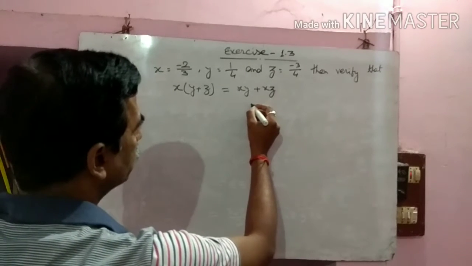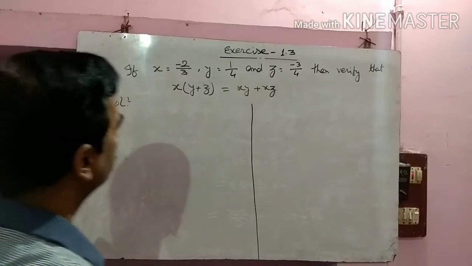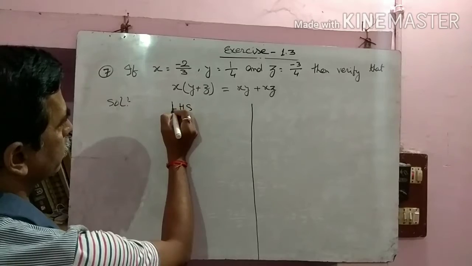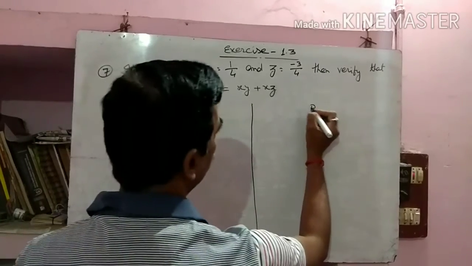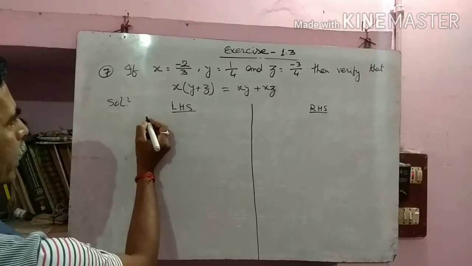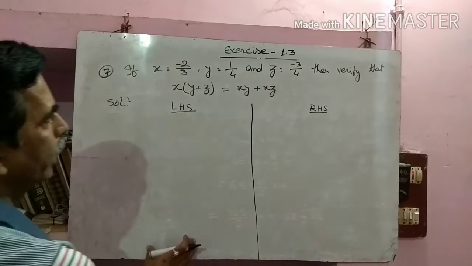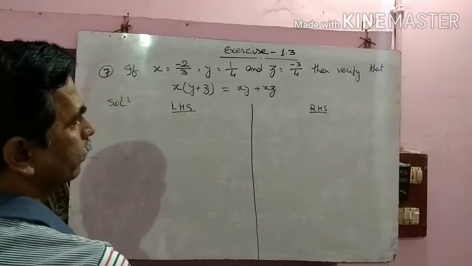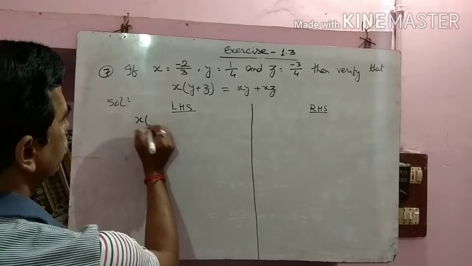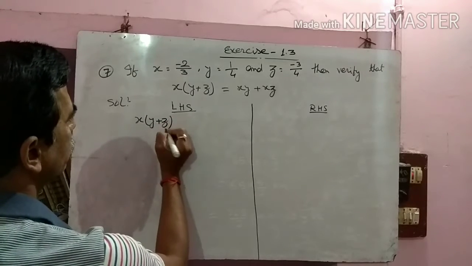So to solve this type of question, divide your page into two equal halves, and the left half represents LHS and the right half represents RHS. So first of all, I am writing the LHS part on the left hand side and the RHS part on the RHS side. LHS is given as x in bracket y plus z.